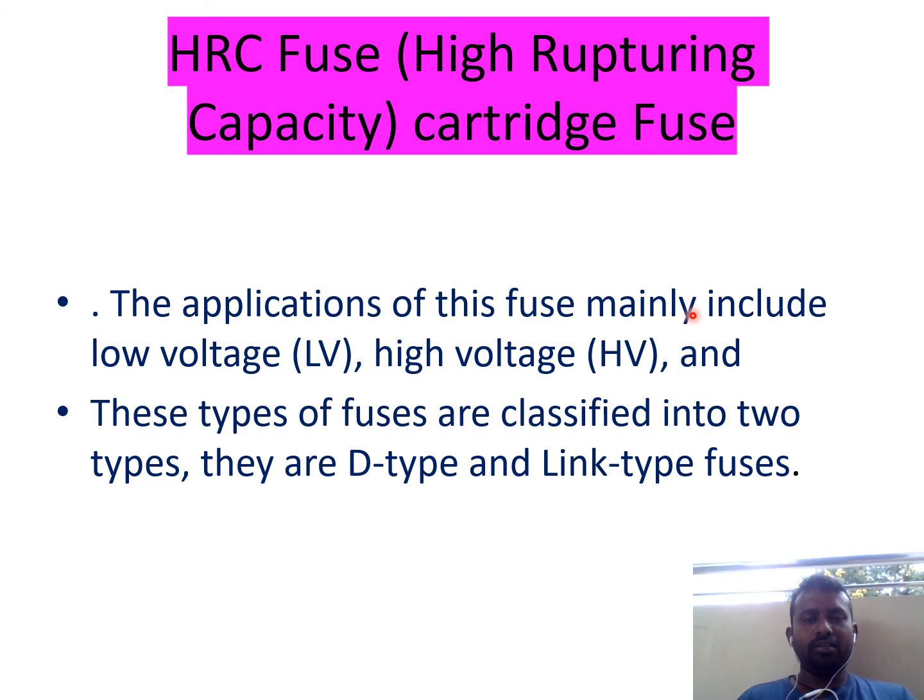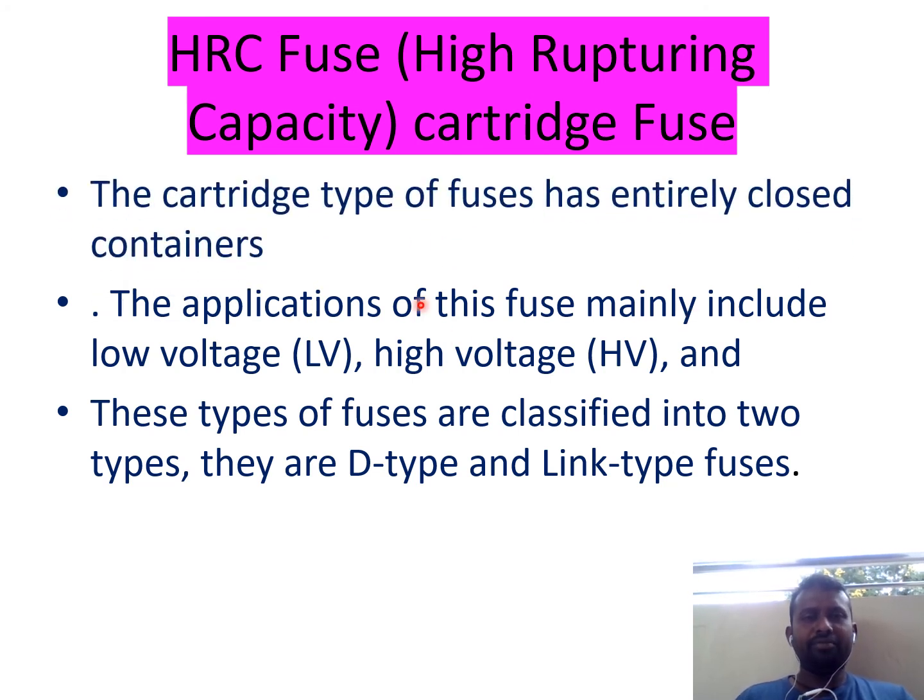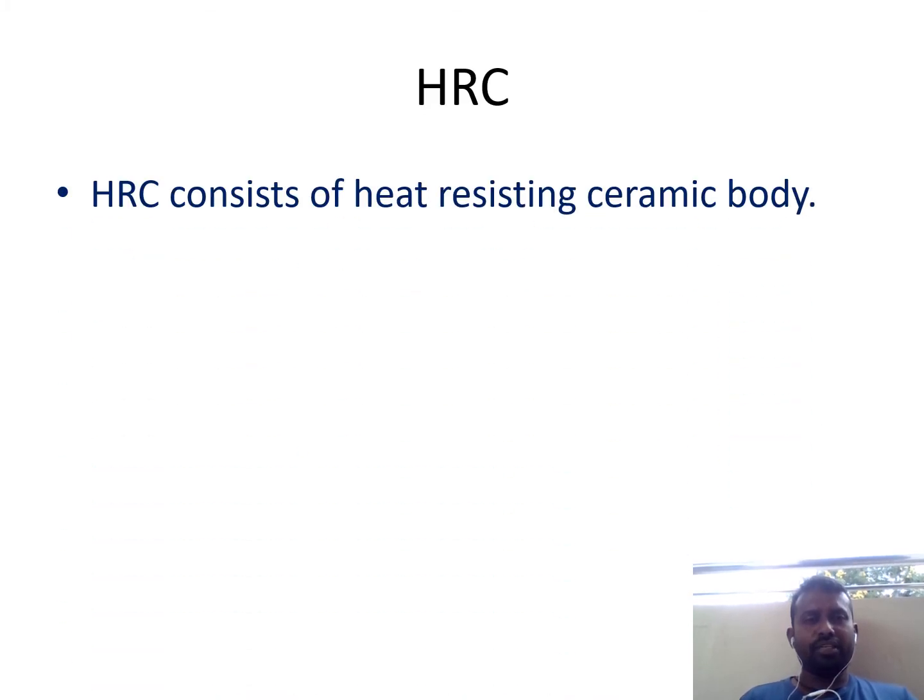HRC fuse, or high rupturing capacity cartridge type fuse. Cartridge type fuses have entirely closed containers. The applications of this fuse mainly include low voltage and high voltage, both. These types of fuses are classified into D type and link type as we have discussed earlier. An HRC fuse consists of a heat resisting ceramic body.